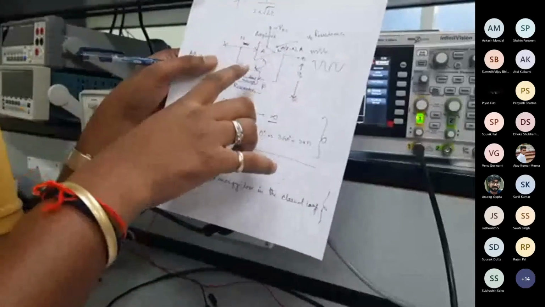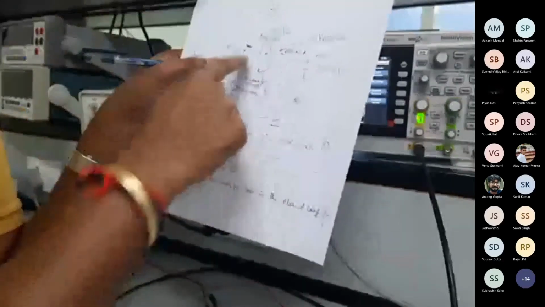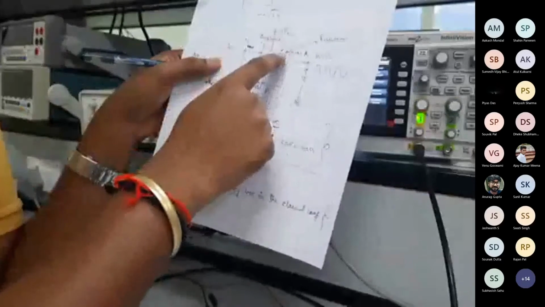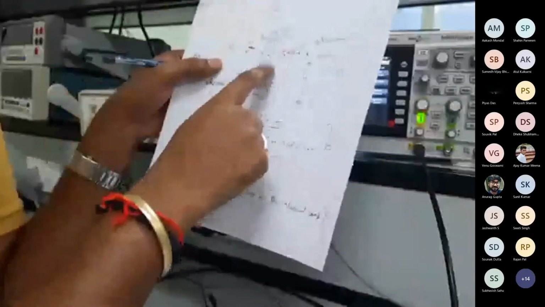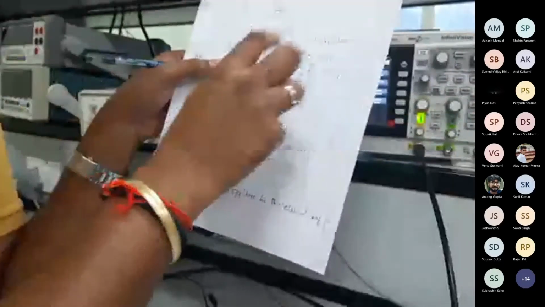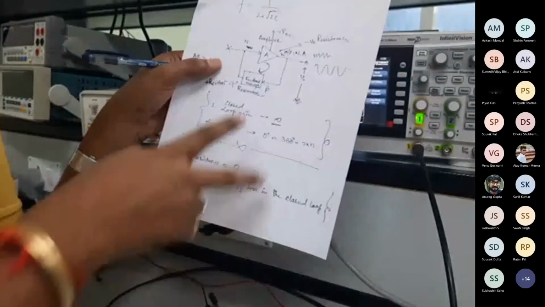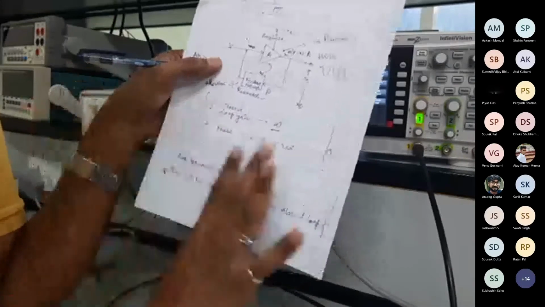To compensate the loss, the resistive part, we should have some negative impedance of the active device, which is the amplifier here. So these two things we can see.